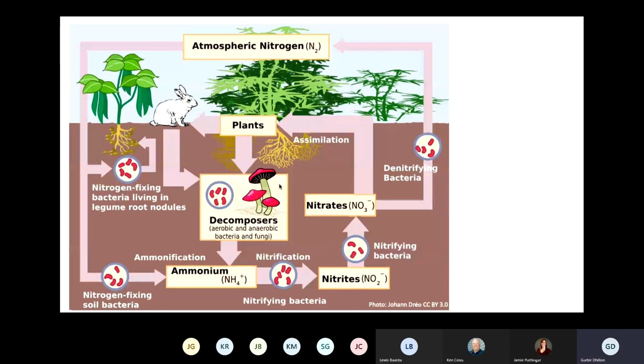I'll be using this graphic of nitrogen cycling to show the major functions of this huge population of microorganisms in the soil. So the most important contribution of microorganisms is the decomposition of plant residues. Dead leaves, roots, and other plant parts are broken down so that the nutrients in these parts are released back into the soils for their uptake by the plants.